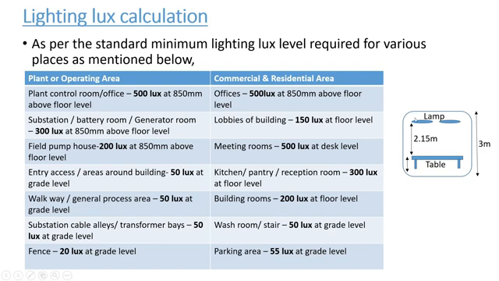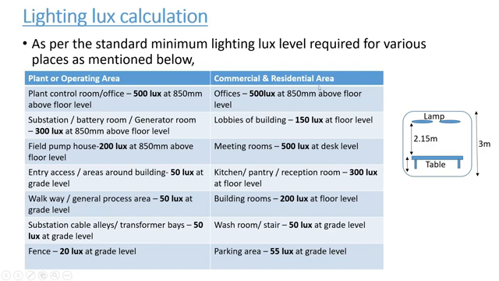I'm connecting the lamp. So this lamp produces a brightness of 500 lux at 850 mm above floor level. This is the floor level. Above floor level means from the ground to here, this working plane is 850 mm. That is what the standard mentions. This 500 lux level should reach this table. This height is 850 mm from the ground.